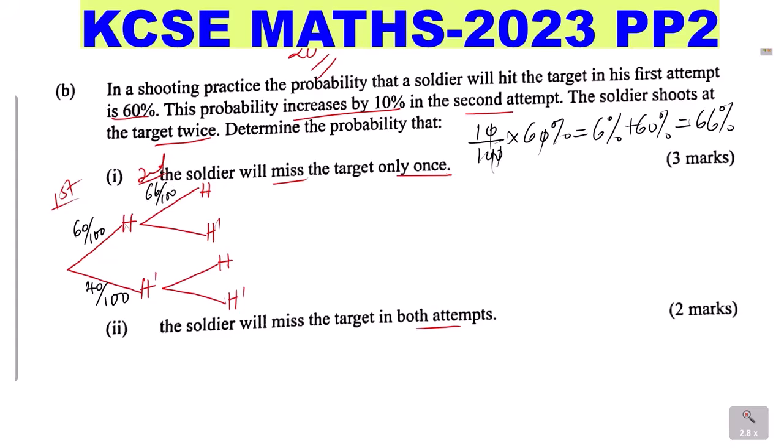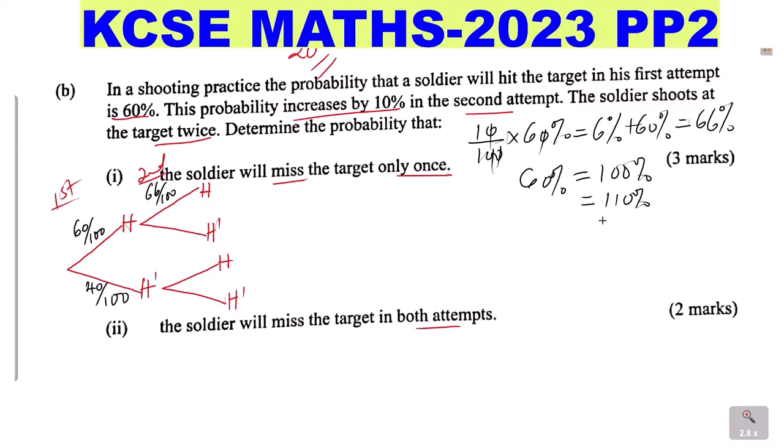Another method you can use is by taking 60% to be 100%. So we take 60% to be 100%. Then after an increase of 10%, it will not be 100%, it will be 110%. So if 60% represents 100%, after the increase, which is 110%, what percentage will it be?